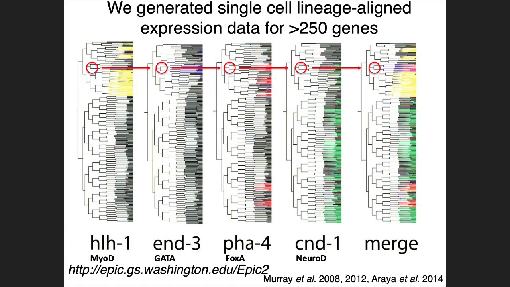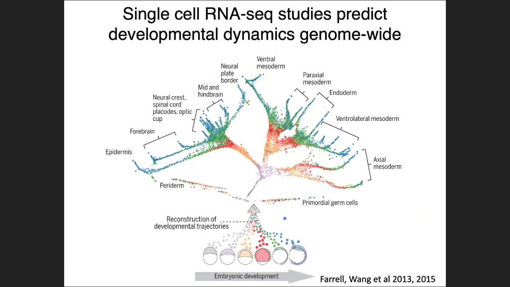And we can map those all onto a single reference lineage now, where we have the expression of these hundreds of genes all mapped to the organism at single cell resolution. And that's in this database, the EPIC database. Expression Patterns In Caenorhabditis, not a medical record database.